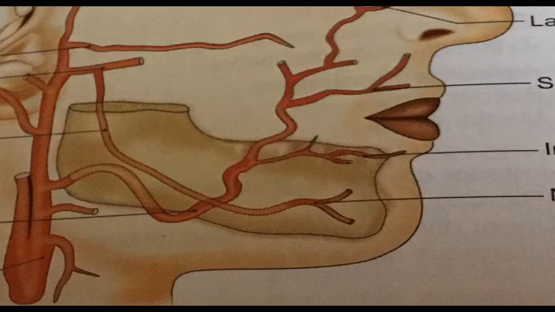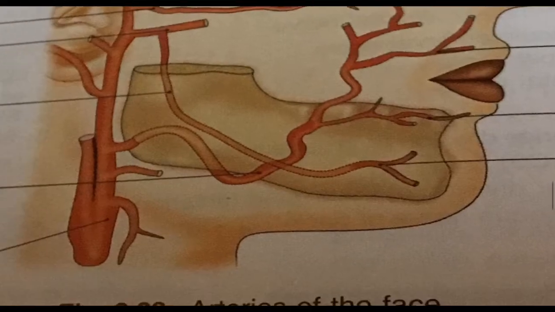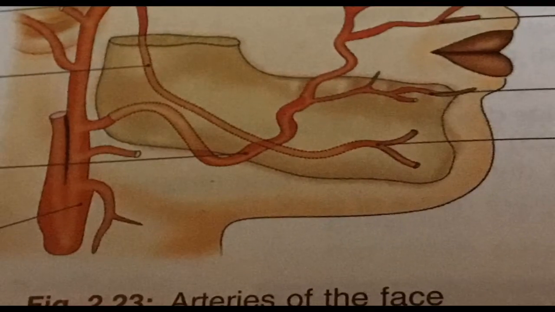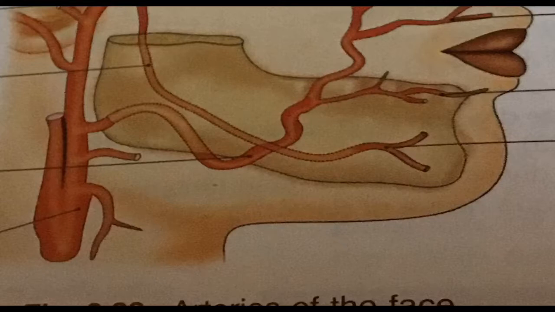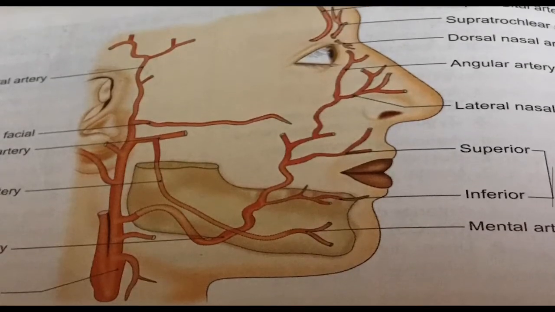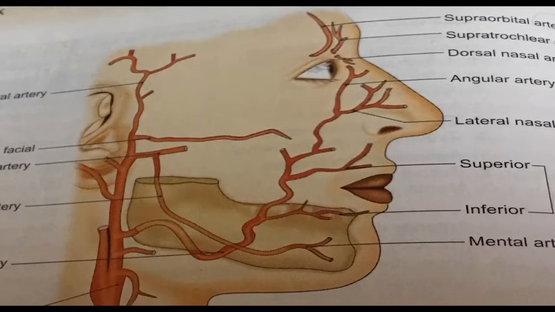Now the artery will then curve over the body of the mandible deep to the platysma, somewhere here, at the anterior-inferior angle of the masseter. Then it will ascend forward and upward across the cheek, as it's doing here. It terminates near the medial aspect of the eye in the region of the head.